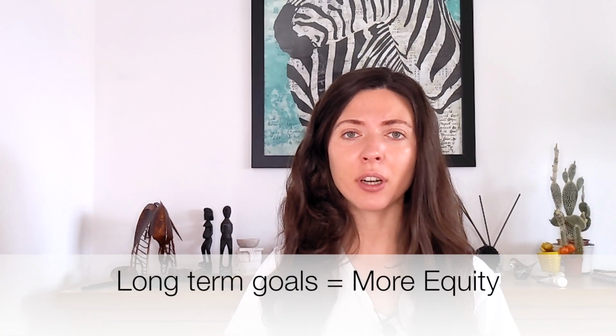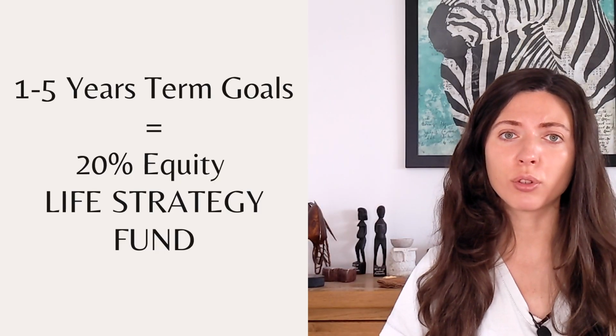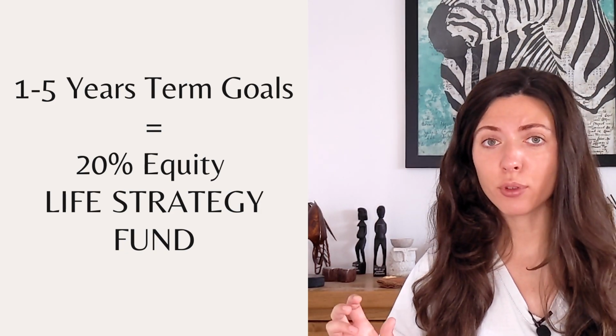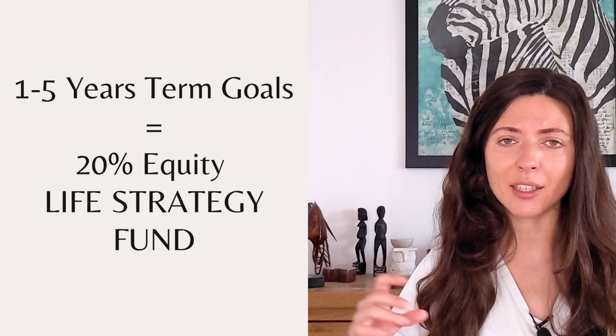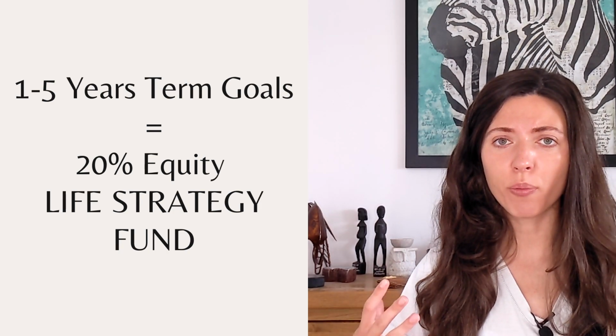And the second rule suggests that we should choose our life strategy fund depending on the goals and the time frames within which we want to achieve these goals. For example, if we invest for some short-term goals, 1 to 5 years, we have to choose a low-risk fund with 80% of bonds in it, or as high a percentage of bonds as possible.